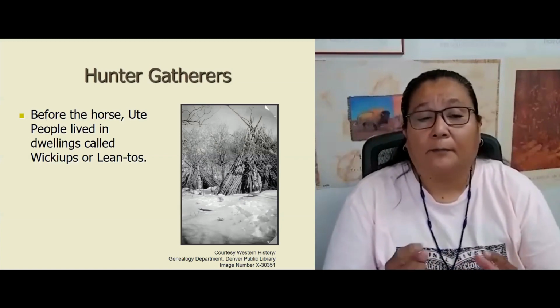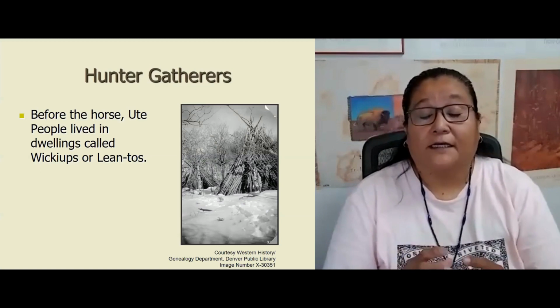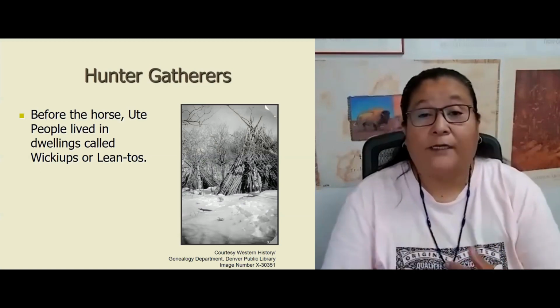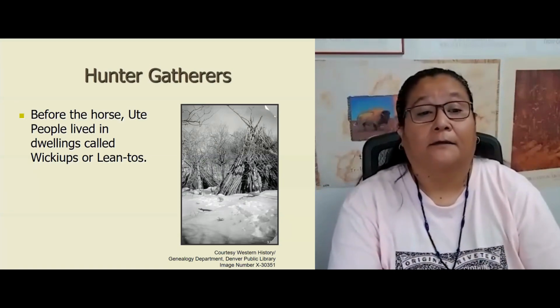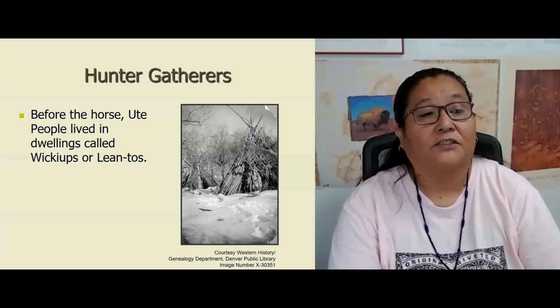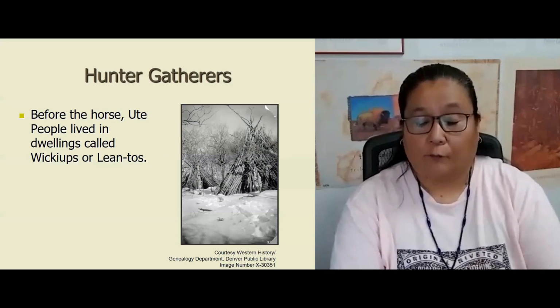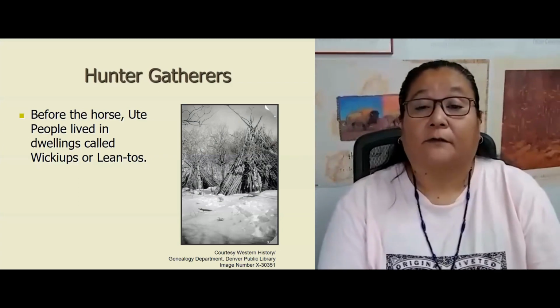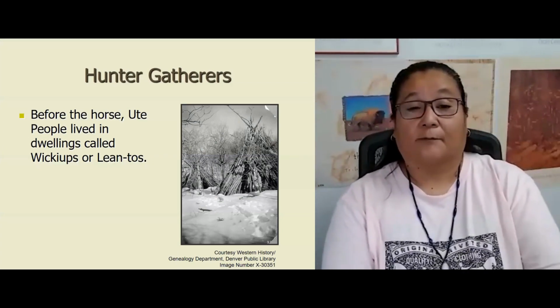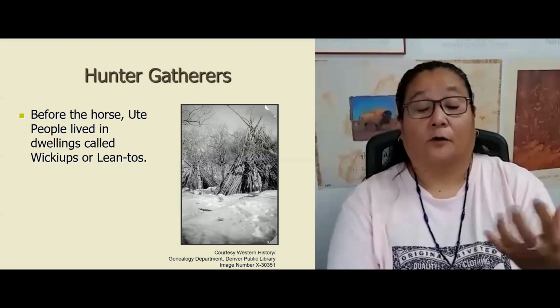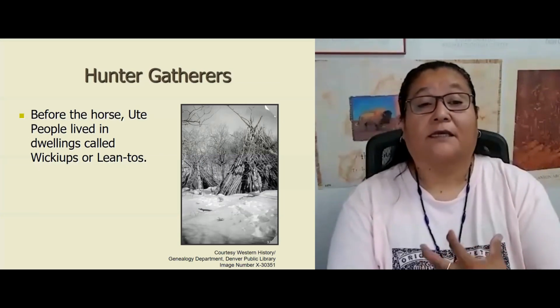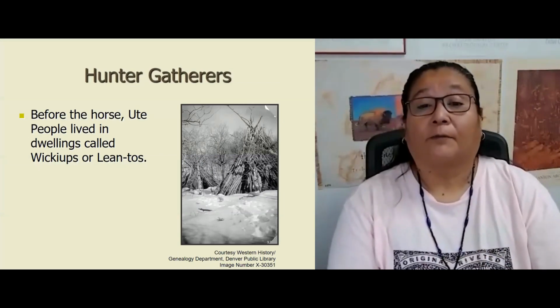And when we looked at the pattern of it, the pattern is actually the same way that we make our baskets today. So there's probably that relationship. So in our Ute culture, we always say we've always lived here. The Creator put us on top of a mountain peak, and so with Ute people, we can say we are from here.